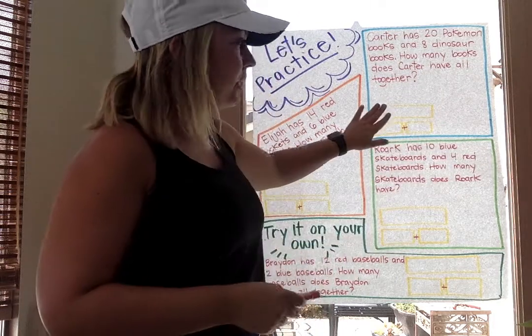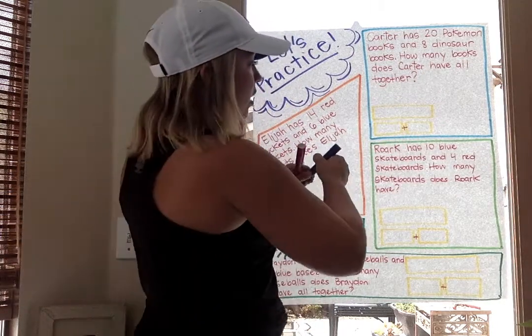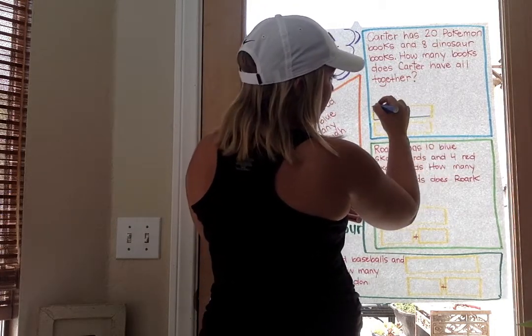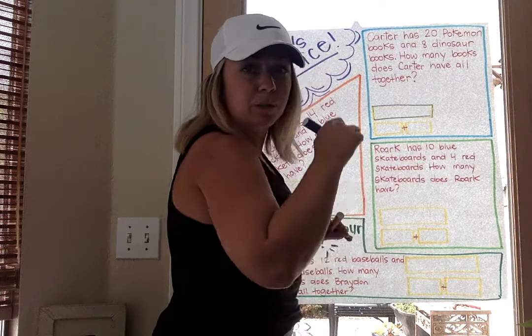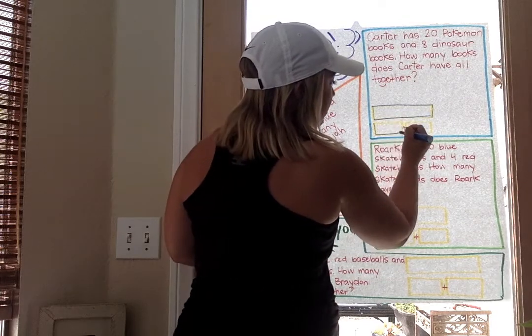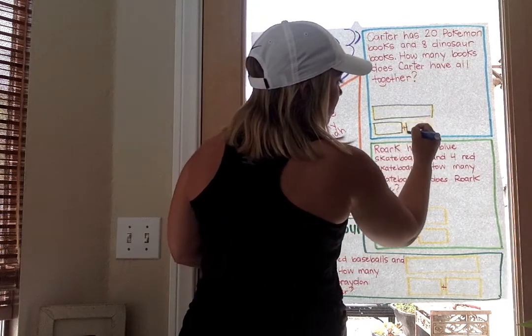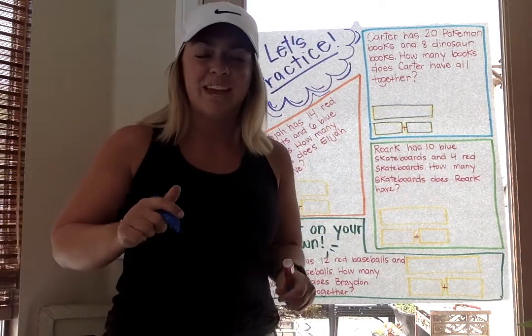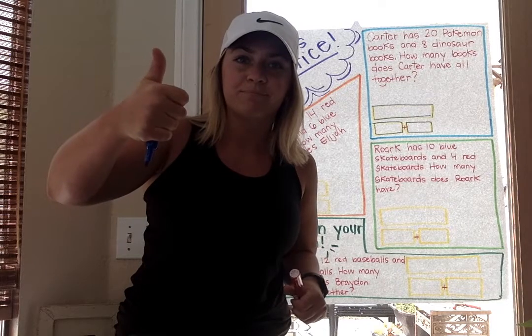If you want to draw that on your paper, you draw one long rectangle, and right below it, you draw 2 smaller rectangles that make up the distance of that long one. Give me a thumbs up when you guys are ready.